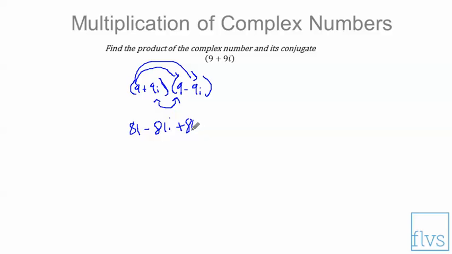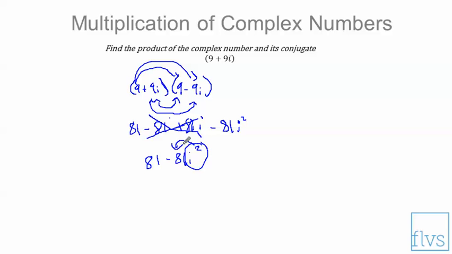Hopefully you see something right there. And then 9i times negative 9i is negative 81i squared. So again, the two middles are going to cancel out because negative 81i plus 81i goes away. And you're left with 81 minus 81i squared. But we know that i squared means negative 1.